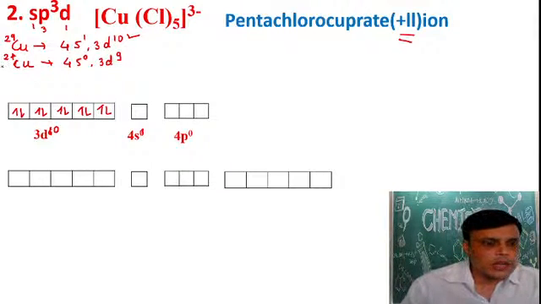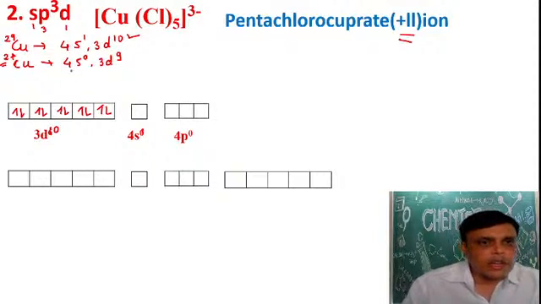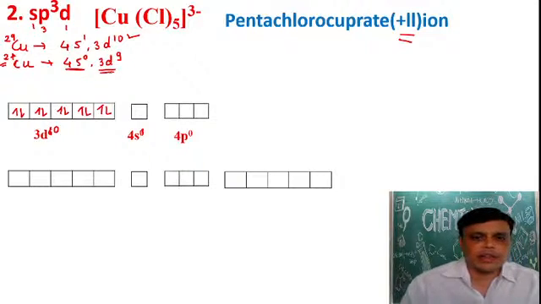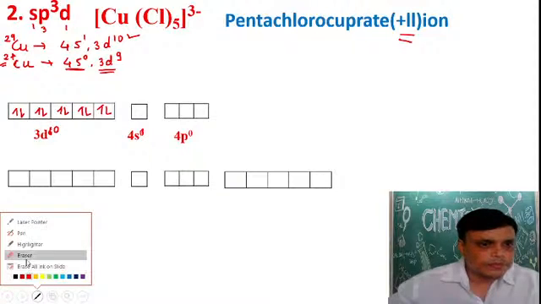2 plus charge means 2 electrons are removed from the copper, and these 2 electrons are removed from the s and d orbitals. One electron will go from the 4s orbital and another electron will go from the 3d orbital. So it will give 4s0 3d9. Now here one electron will be less.